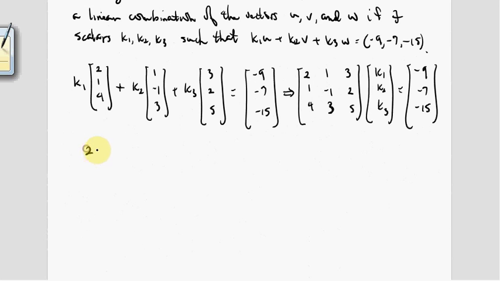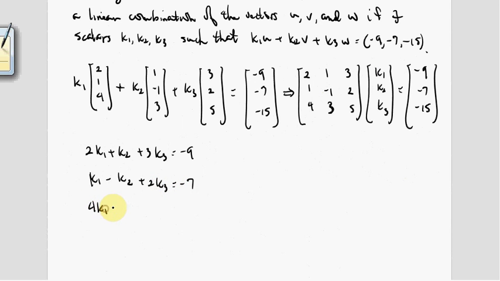This is actually 2k1 plus k2 plus 3k3 is equal to negative 9. I'm just going k1 times that element, k2 times the next element, plus k3 times the next element is equal to this number over here. So this is k1 minus k2 plus 2k3 is equal to negative 7.